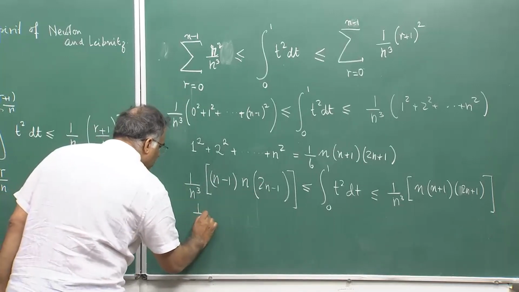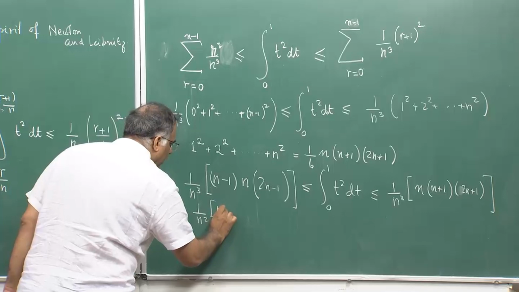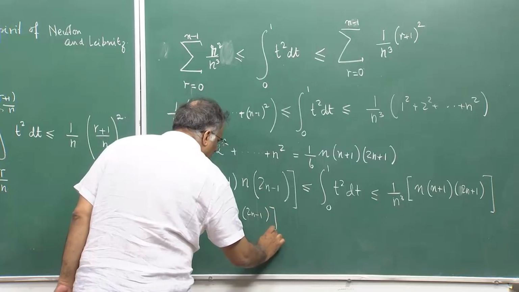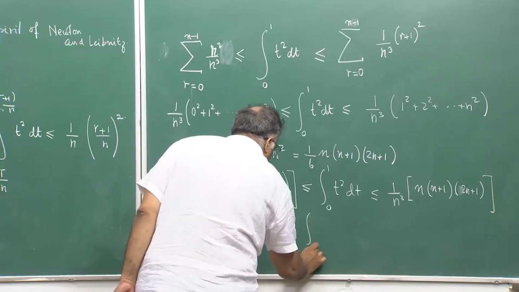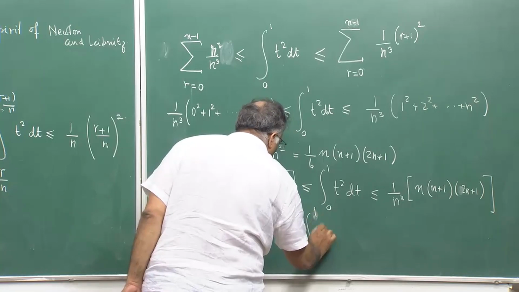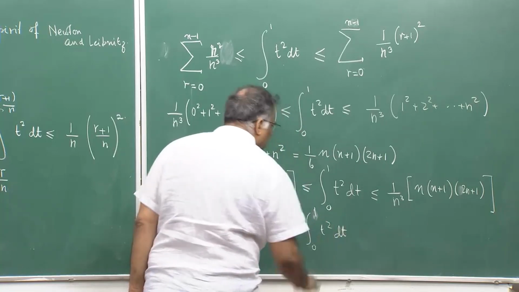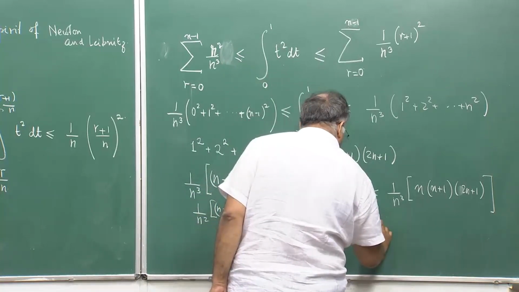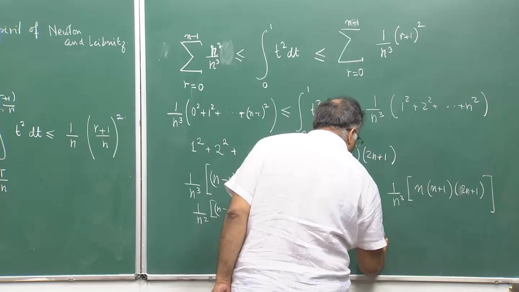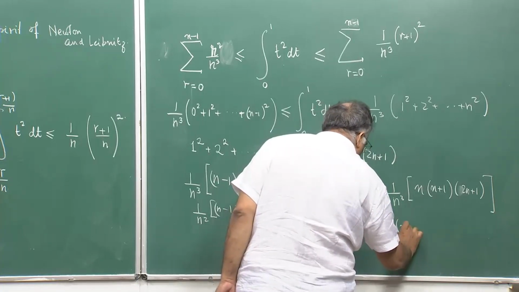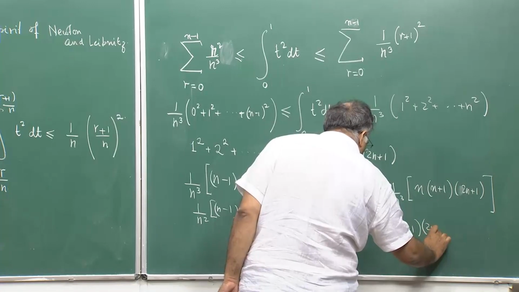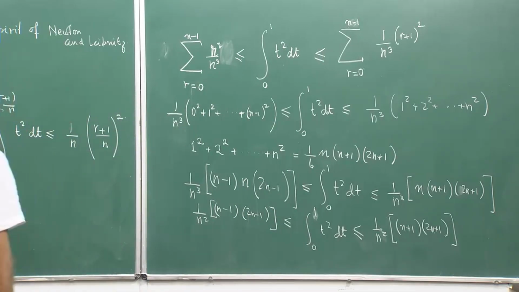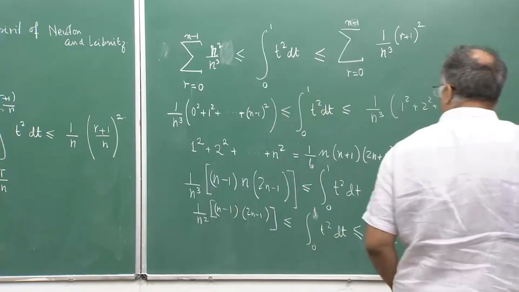So I will have 1 by n square, n minus 1 into 2n minus 1, which is less than or equal to the integral from 0 to 1 of t square dt, which is less than or equal to 1 by n square into n plus 1 into 2n plus 1. As I told you, I will split it up, and hence let us come to this side of the expression.